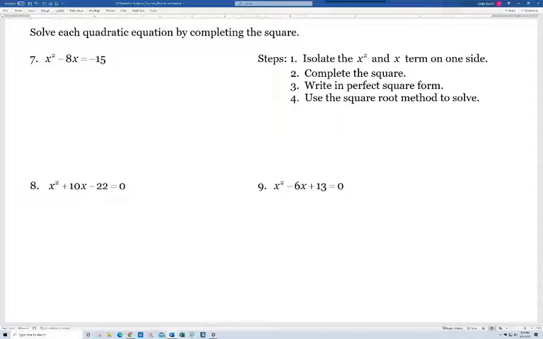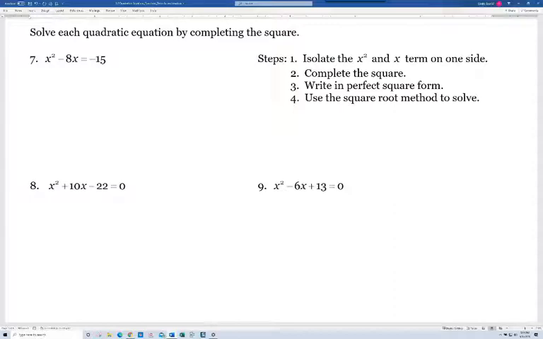Sometimes when we have a choice, we're going to take the easiest method, and factoring would actually be easiest here. But we're currently trying to learn how to do this technique, so you will run into some variety here. If you get a nice integer answer, then that tells you could have factored. But again, for now, our focus is on solving these by completing the square.